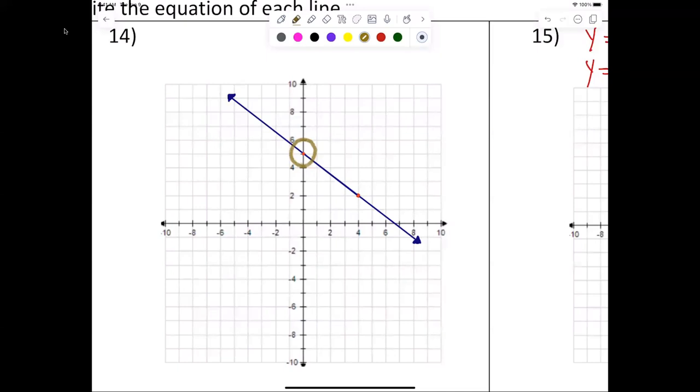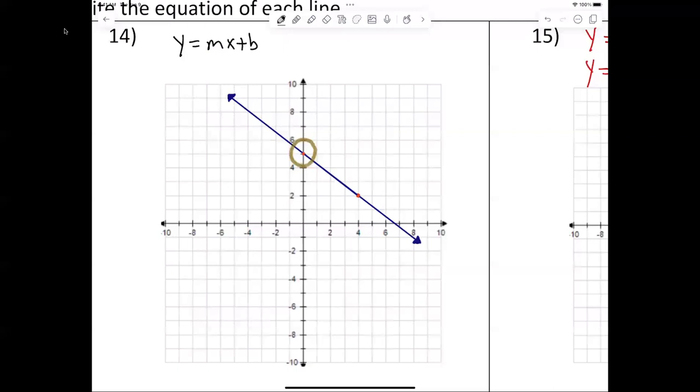All right, so I've got y equals mx plus b. Maya, tell me, what is b? B is 4? That's right.